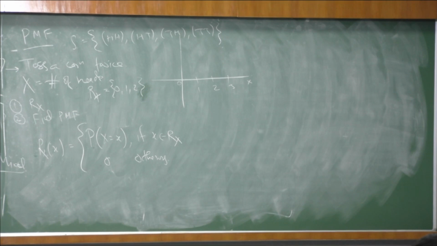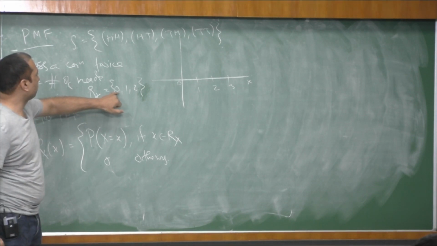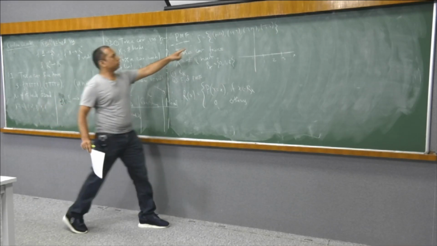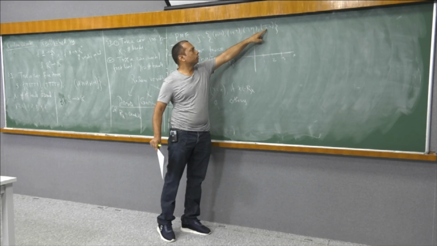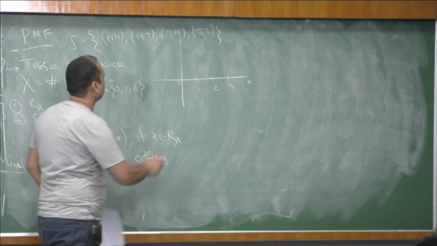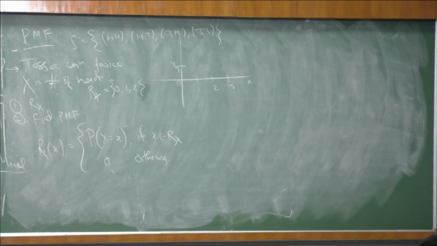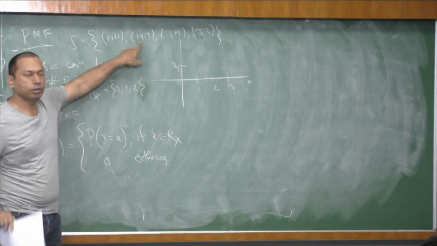Now you have to calculate the probability values for this range of values. What is the probability that you get 0 heads? This case, so it's 1 out of 4. So we are plotting this. Then x equals 1 means the probability that I get exactly 1 head, not at least.